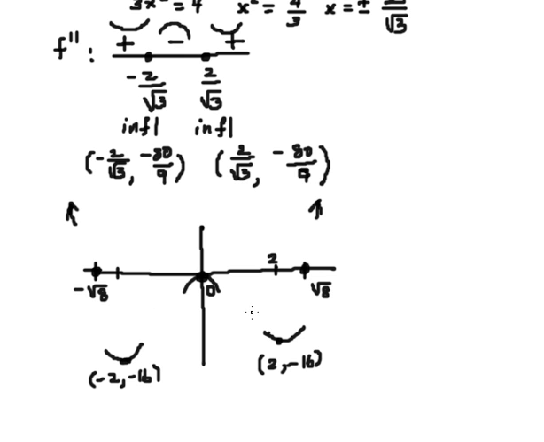And then in between here and here we have an inflection. So the inflection is at 2 over root 3 and minus 2 over root 3. So here we have our inflection, right about here and here.